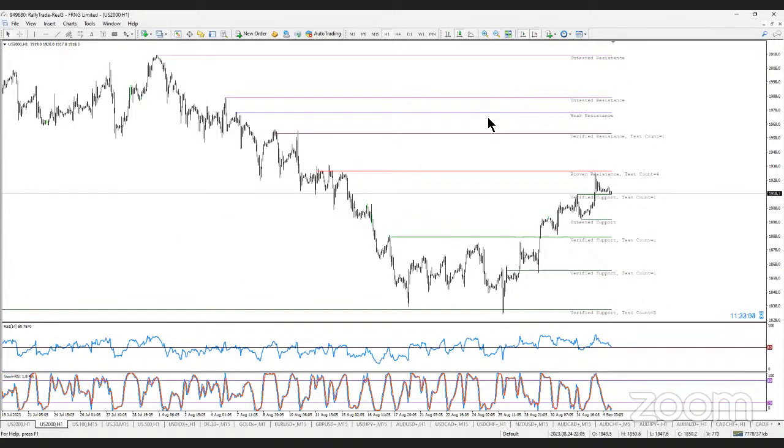Okay, so let me go back to the strategy. I said the first thing you want to do is to do what? Is to identify the time frame you want to trade. For me and my family, we have decided that we want to trade on the 15-minute time frame, and that we want to use the 1 hour time frame to establish or to know what the trend is.